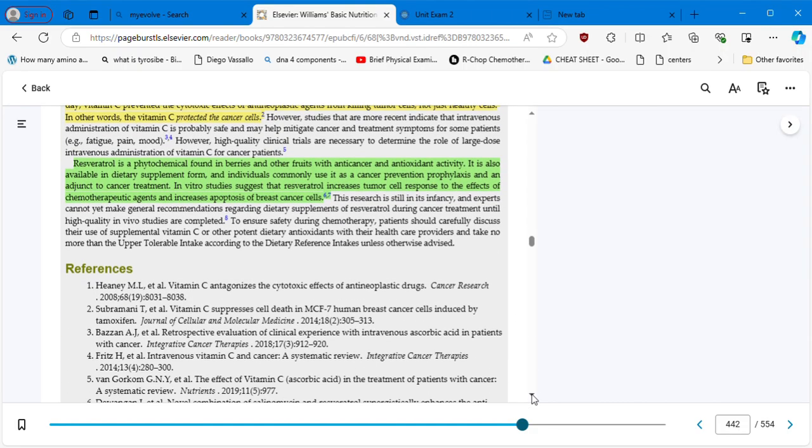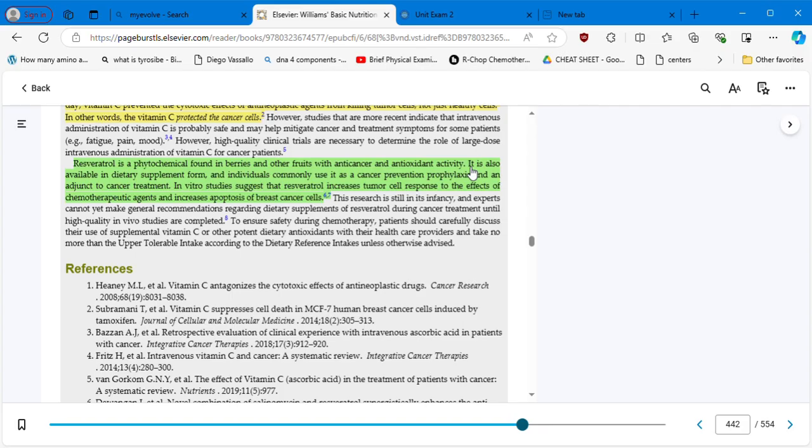Anyways, resveratrol is a phytochemical found in berries and other fruits with anti-cancer and antioxidant activity. Yes, I know resveratrol used to be very cheap, very affordable. Right now it's very expensive, but it's really effective.